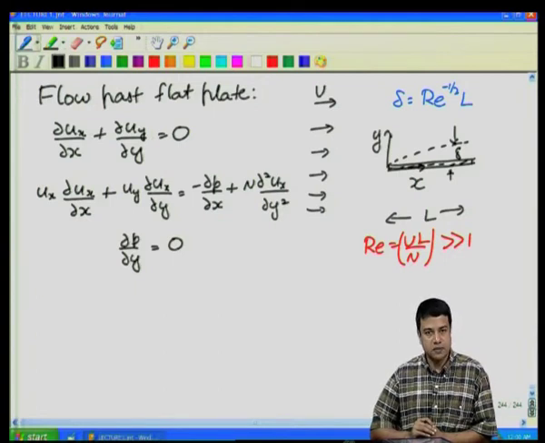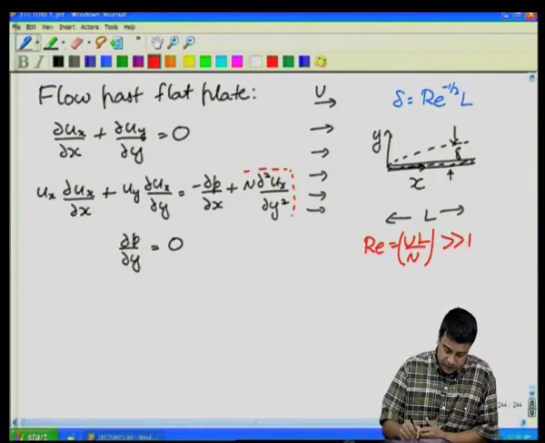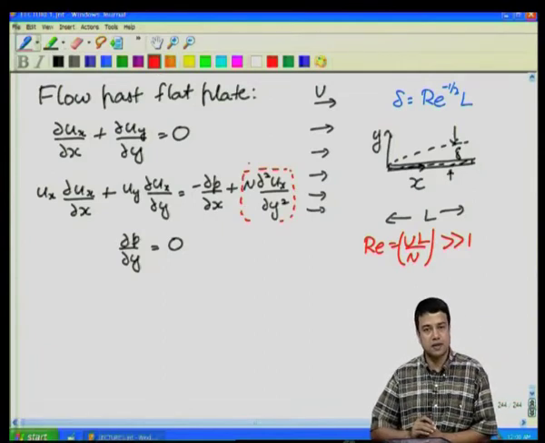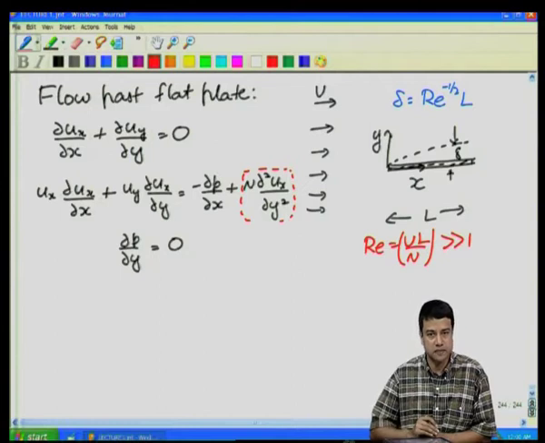As you can see that we have included the inertial terms in the streamwise momentum conservation equation, the pressure gradient as well as this viscous term, which basically represents the diffusion of momentum perpendicular to the surface, in the y direction.